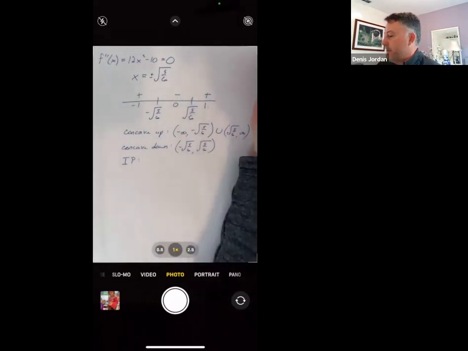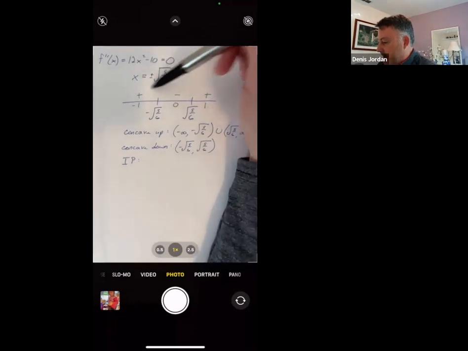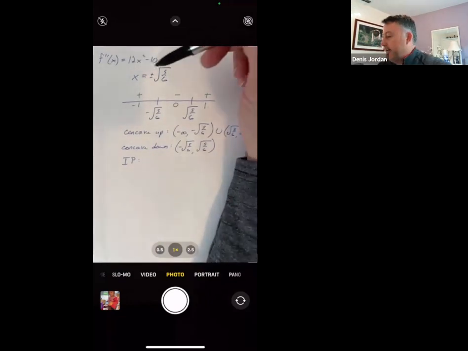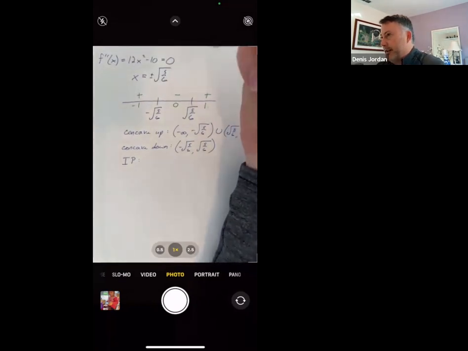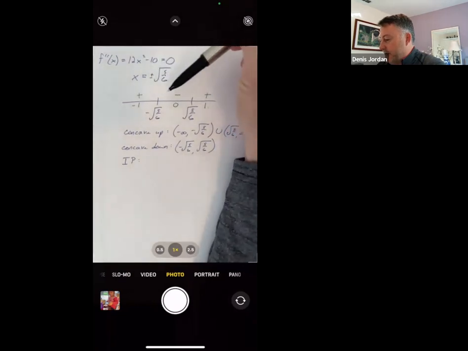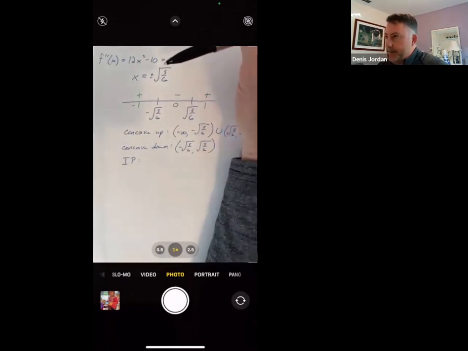What a lot of people do is they find the second derivative, set it equal to 0, solve for x, and then they stop. They say, oh, the inflection points are all these x values. But what they forget to do is actually test them. In order to be an inflection point, there has to be a sign change in your second derivative.